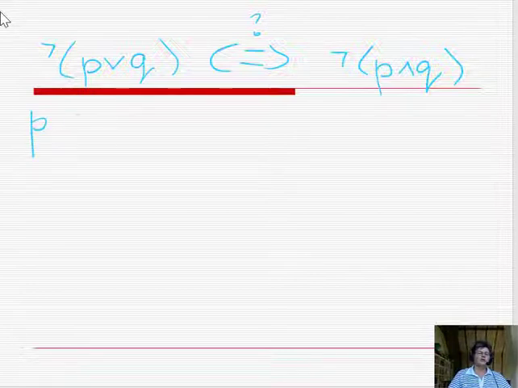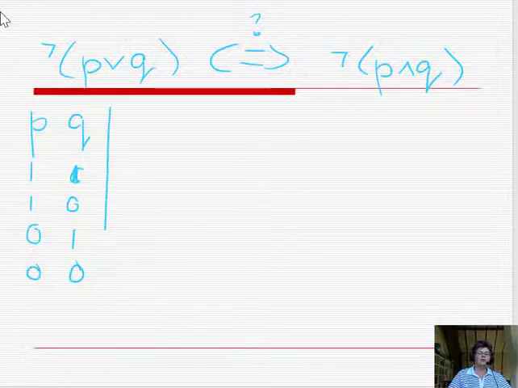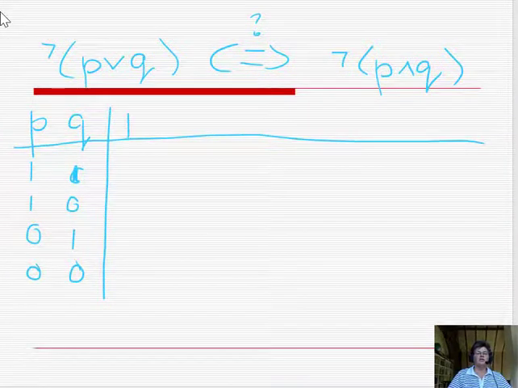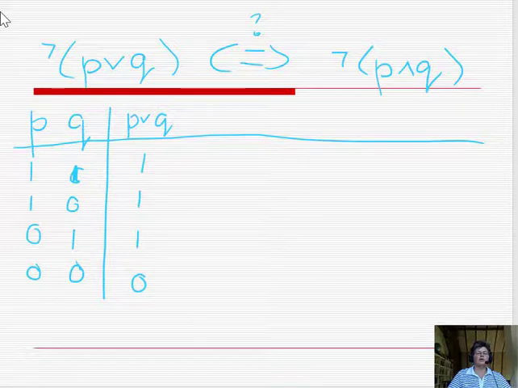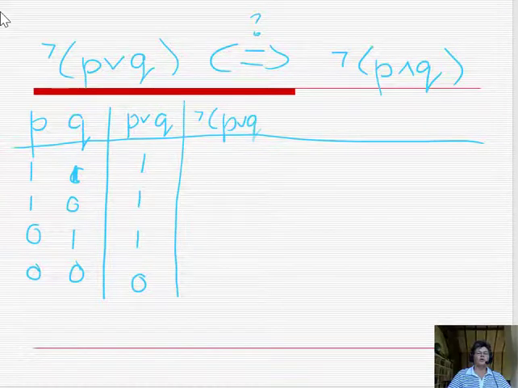Okay, let's make a truth table. So P is 1, 1, 0, 0, Q is 1, 0, 1, 0. Okay, let's start on the left again. So first P or Q gives us 1, 1, 1, 0. Then we negate that one. So not (P or Q) will give us 0, 0, 0, 1.